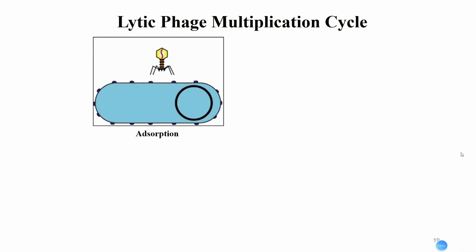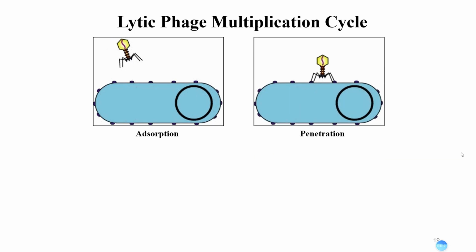The phage binds to the bacterial surface, where the receptor molecule on the bacterial cell wall recognizes the molecule on the phage. This step we call adsorption or attachment.